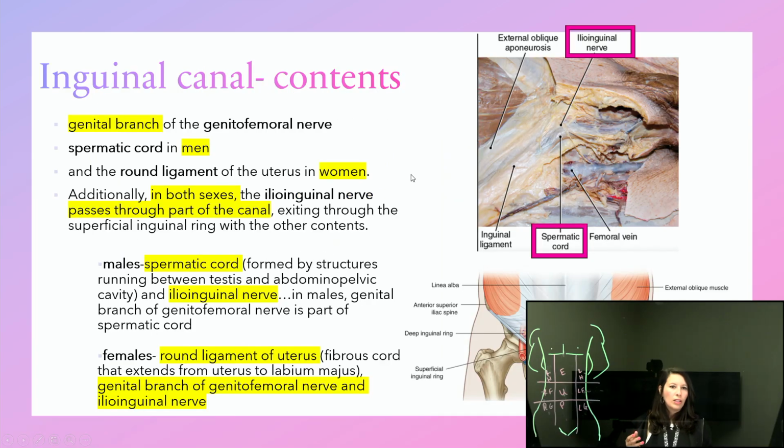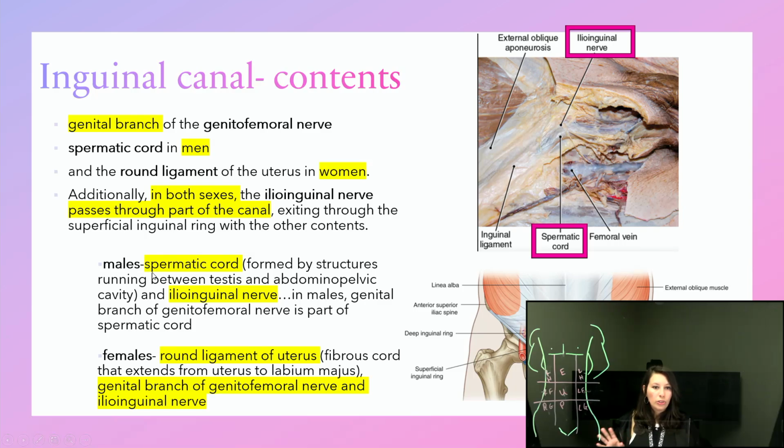The contents of the inguinal canal depend on male versus female, but typically you're going to see the genital branch of the genitofemoral nerve. In men, the spermatic cord, and the round ligament in females. Additionally, in both sexes, you're going to see the ilioinguinal nerve passing through part of that canal.